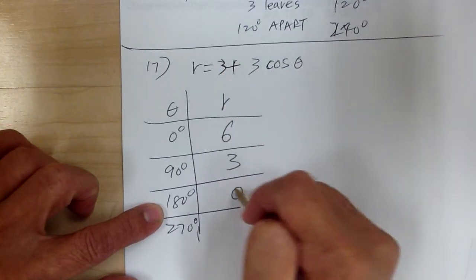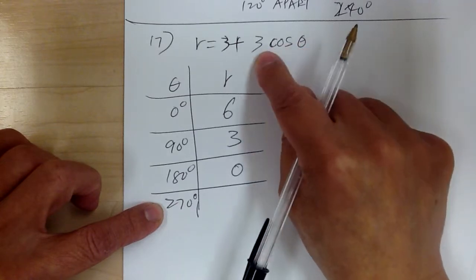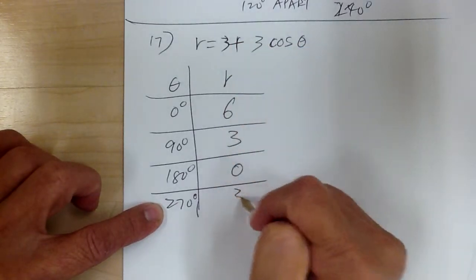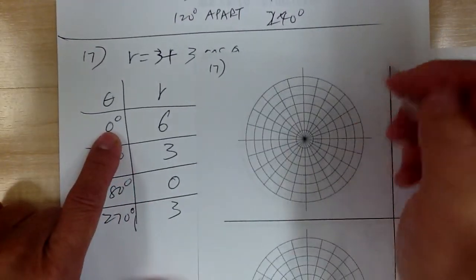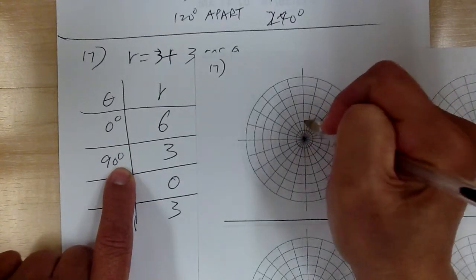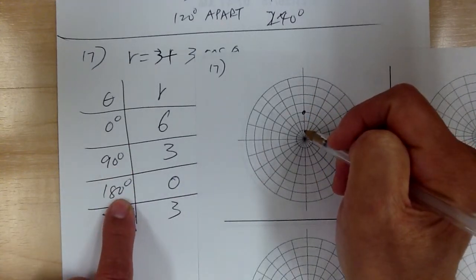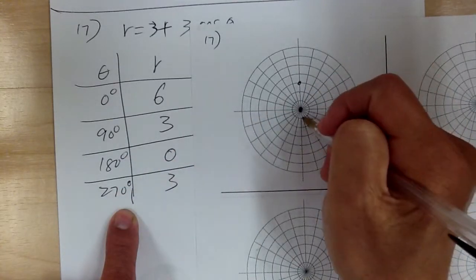Negative 3 plus 3 will give you 0. Okay, cosine of 270 is 0, times 3 gives you 0, plus 3 gives you 3. So now at 0 degrees you get 6, at 90 degrees you get 3, at 180 degrees you get 0, and at 270 you get 3.